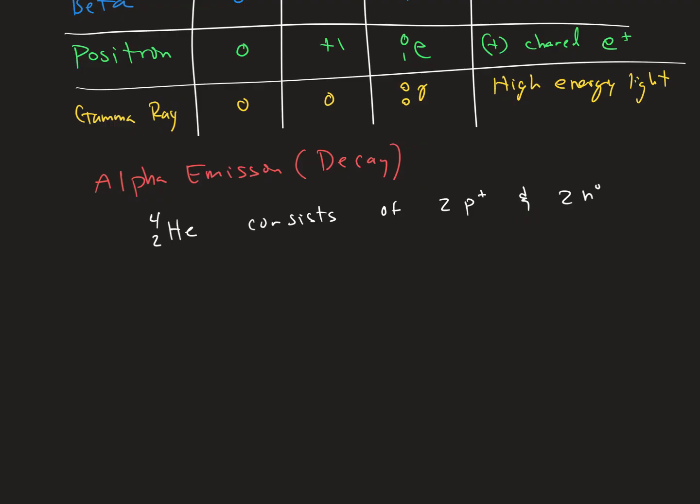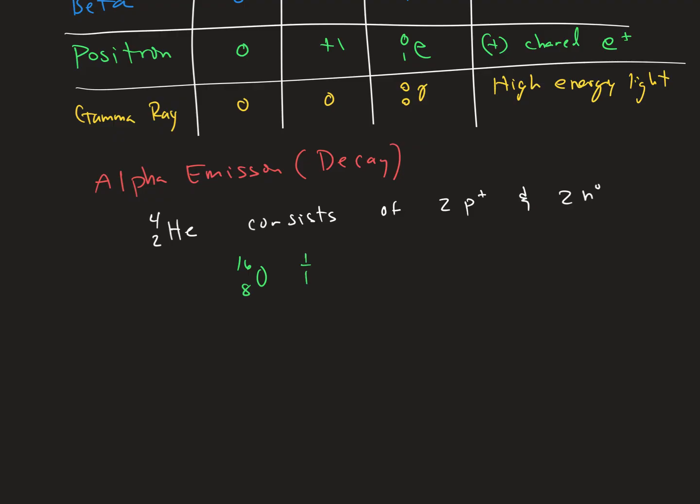An atom is going to undergo alpha decay or alpha emission when it has too many protons and too many neutrons. If you look at the periodic table, for oxygen, for example, most oxygen is 16 and it has 8 protons and 8 neutrons.